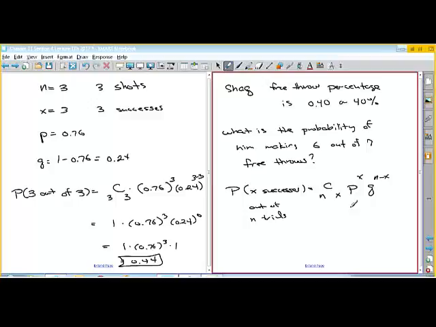So look at that problem, see if you can figure out what X, N, P, and Q are, and then plug them into the formula and see if you can get me an answer. Let's look back at your, and if you look over here, this was 3 out of 3, so you should be able to sort of figure out what goes where.